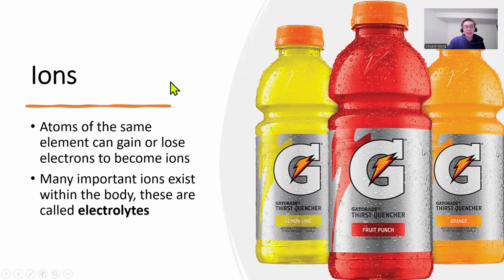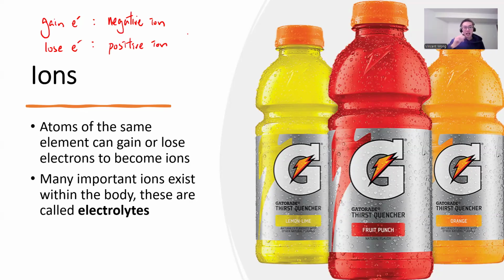When an atom gains or loses electrons, it becomes an ion. If it gains electrons, then it has extra negative charge, and it becomes a negative ion. If it loses electrons, it can lose more than one, then it becomes a positive ion.